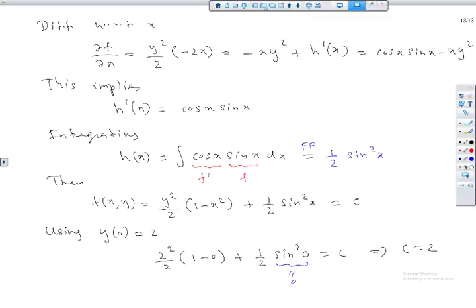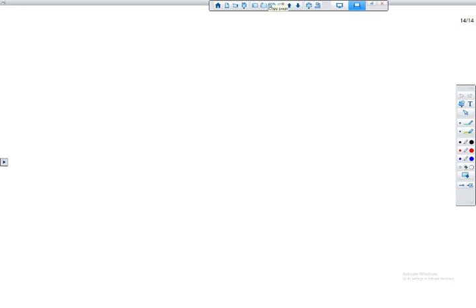So that means the implicit solution is y squared over 2 times (1 minus x squared) plus 1/2 sine squared x equals 2.